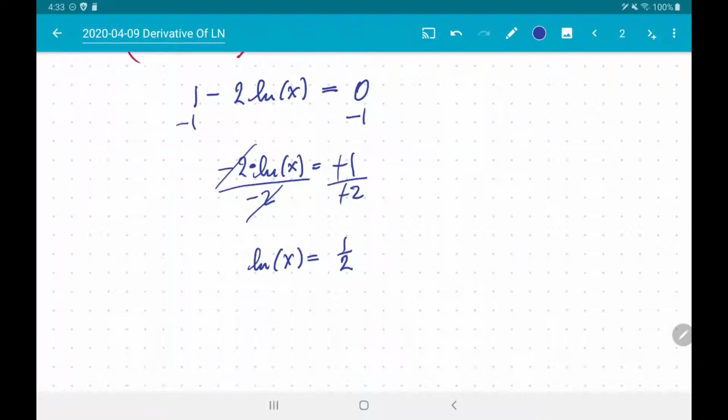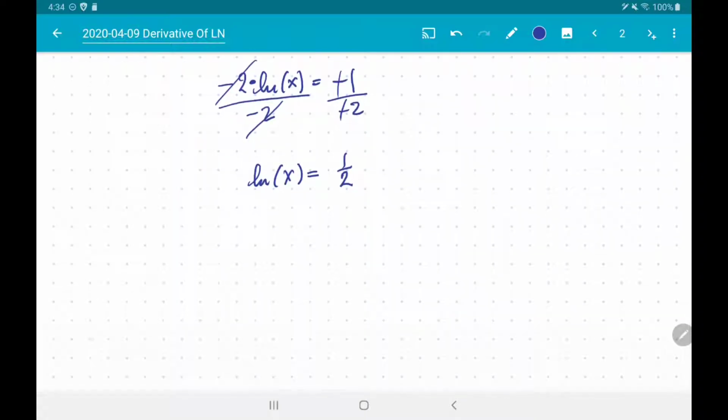Now, do you remember how to solve an equation like this? How do you undo ln? You need to use its inverse function. And the inverse function for ln is e to the x, well, e to the power.